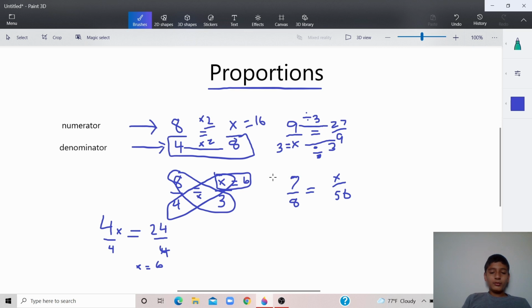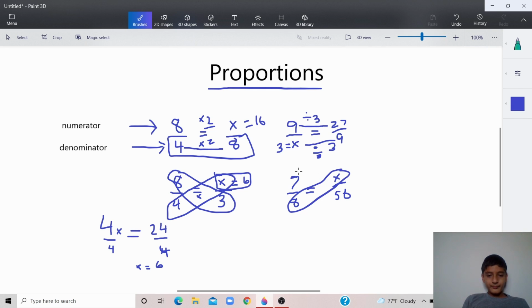Okay, now let's do this last problem here. 7 divided by 8 equals x over 56. Now let's solve it. We know we can solve it the way we did for the first and third problems, but to get some practice, let's do the diagonal way.